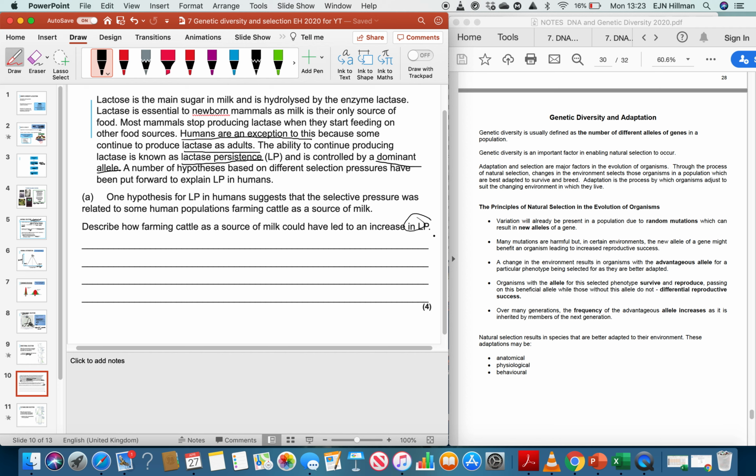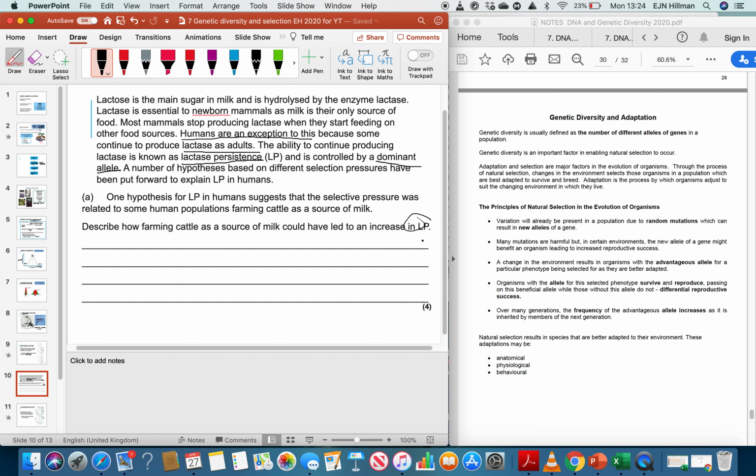Those individuals with the allele for lactase persistence would have greater access to the glucose and galactose from lactose, so they may be able to survive longer, reproduce more often. So we've got this idea of differential reproductive success.